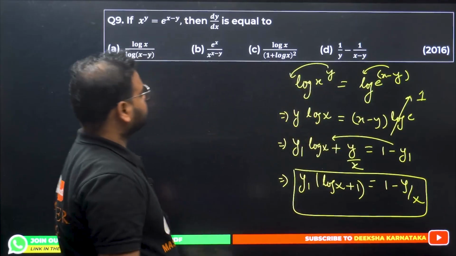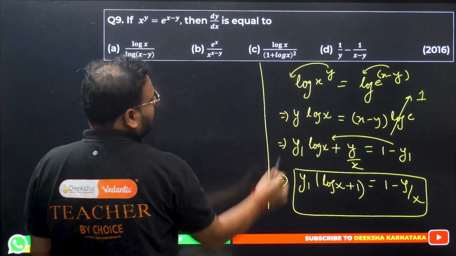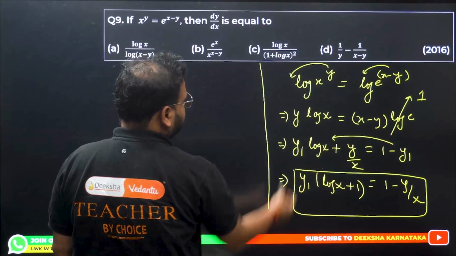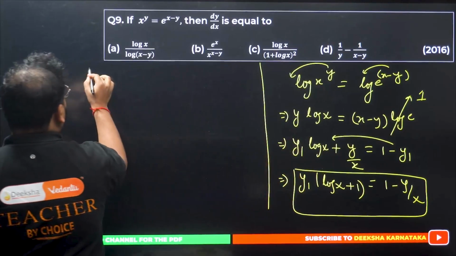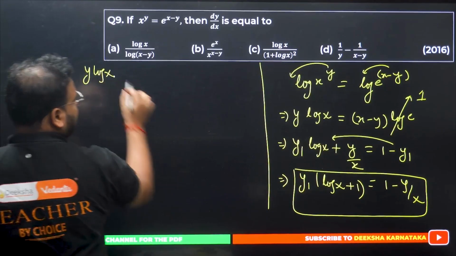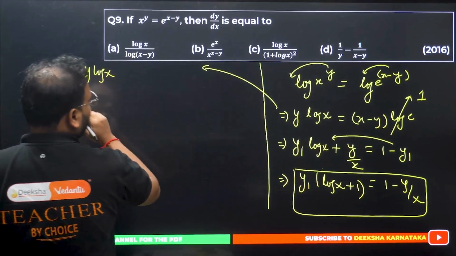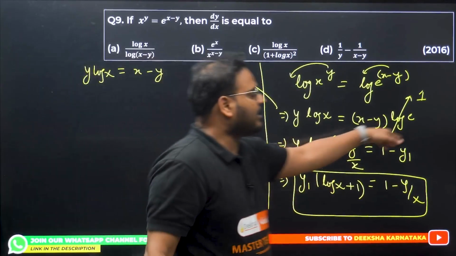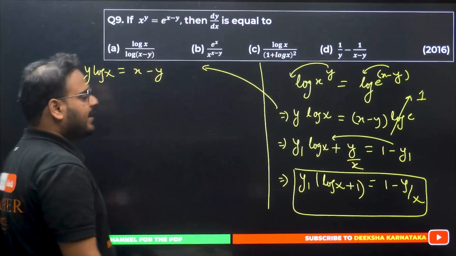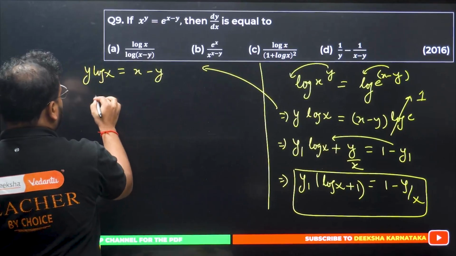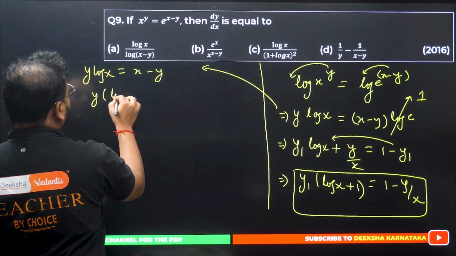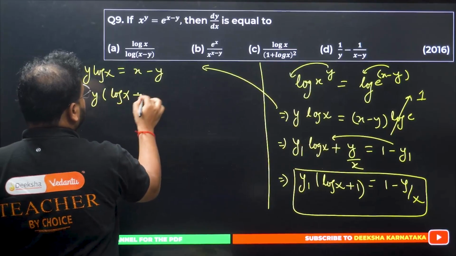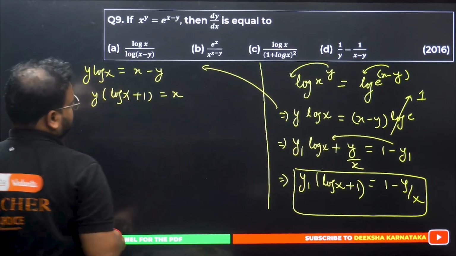Now wait. I can find the y upon x value from here. Check this out. I have y log x. I'm writing this statement again: y log x equals x minus y, because we have log e which is 1. So y log x is x minus y. Move the y on this side. I get y common, log x plus 1 equals x.